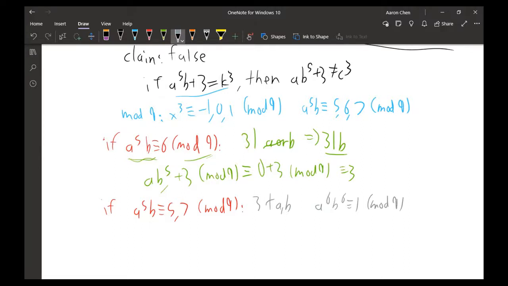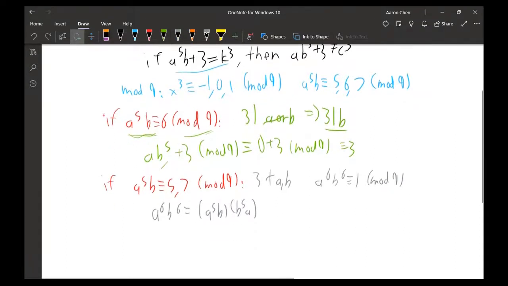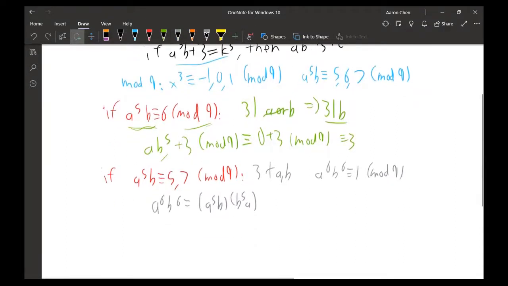We see that a to the 6th b to the 6th is a to the 5th b times a b to the 5th. It doesn't quite matter, it's the order. And so at this point, we need to split into two cases. The first case is 5 times ab to the 5th, and the other case is 7 times ab to the 5th.